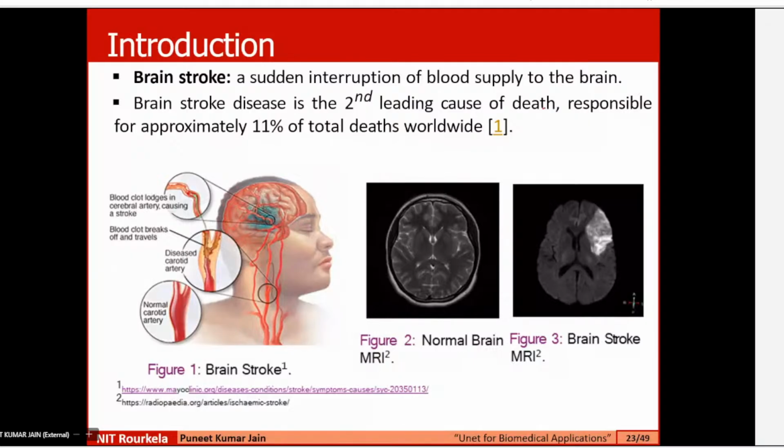The burden of brain stroke can be seen from the fact that it is the second leading cause of death, responsible for approximately 11% of total deaths worldwide. That's why it is important to diagnose stroke lesions, or any cerebral blocks, at an early stage, so that proper treatment can be initiated.